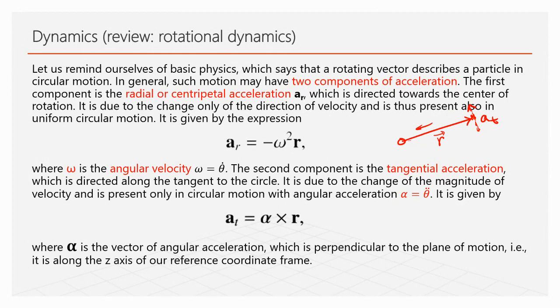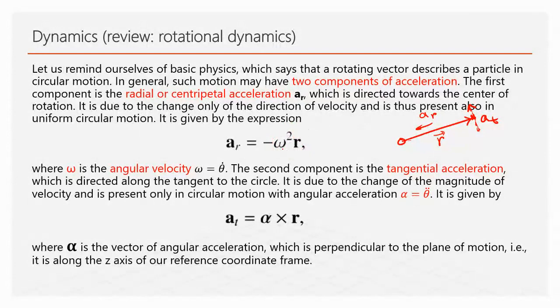meaning an acceleration which tries to keep this on a circle. Because if it wasn't for this acceleration, this force, like when you have a rope connected to a weight and you're turning it, there's a force through the rope to the item, or through the link to the mass you are rotating. So we have an a_r in this direction. The value of a_r is related to the rotational speed and the length of the link.